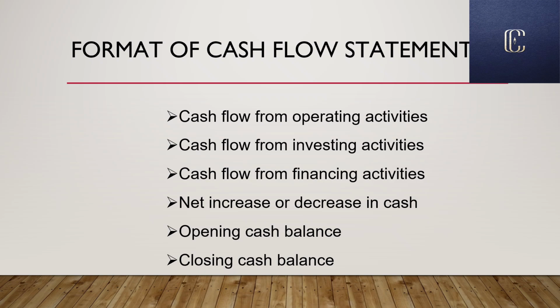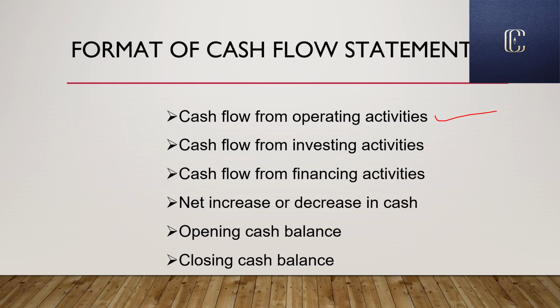It shows cash generated from normal business operational activities, selling goods or services, and day-to-day business activities. If this section shows positive cash, it means the business operations are healthy.